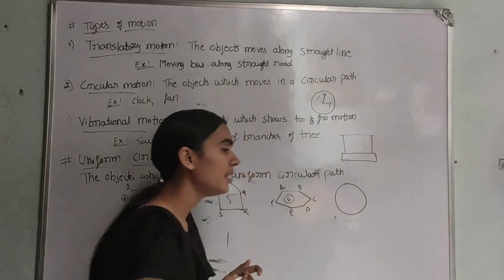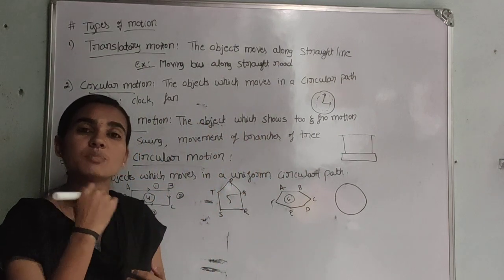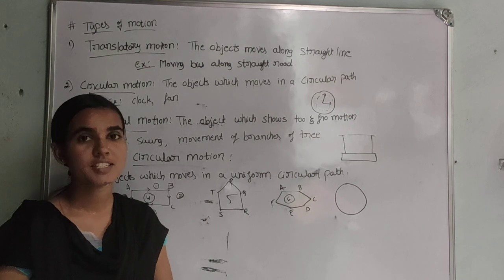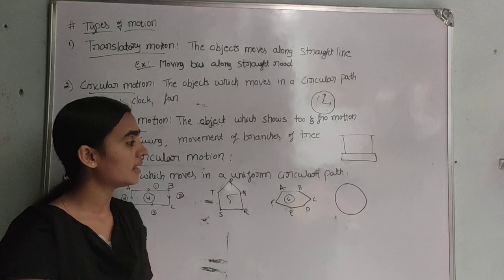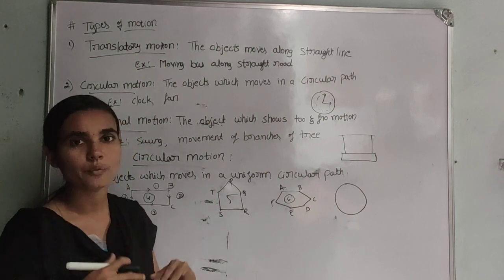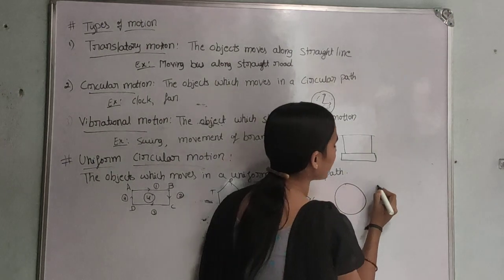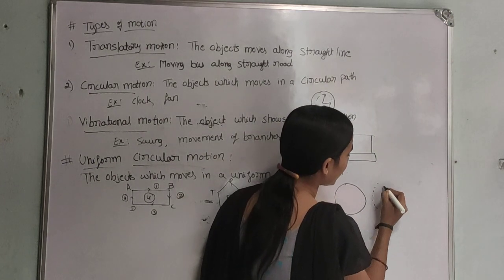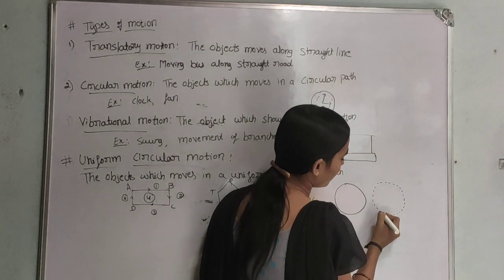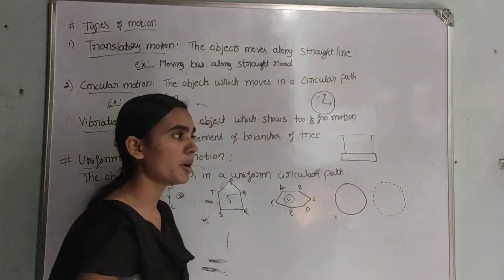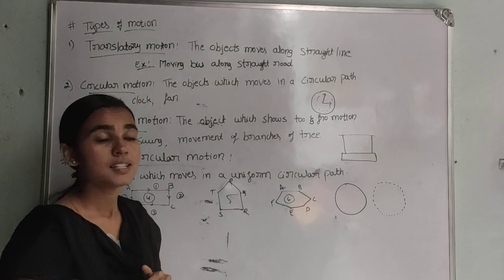If the athlete is moving in a circular track, how many times does his direction change? Can you identify the changes in direction of an athlete in a circular path? No, we can't say. Why? Because a circle consists of a number of points, so many points that we can't count them.